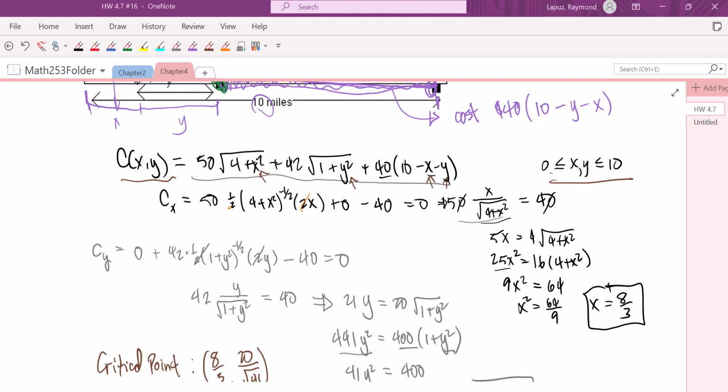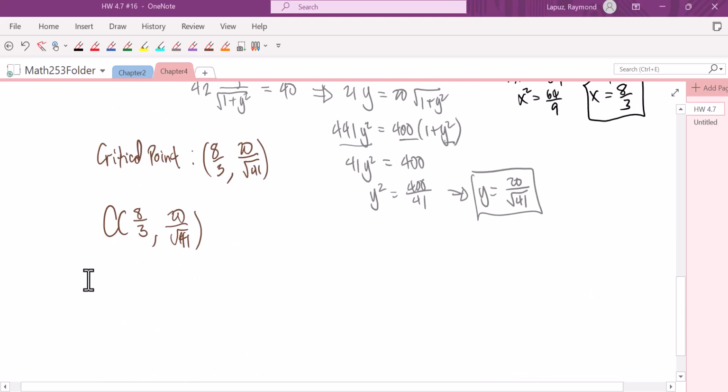Okay, and it looks like it's going to cost $472.80, let's call it 81. It's 80.6. So that's the cost.